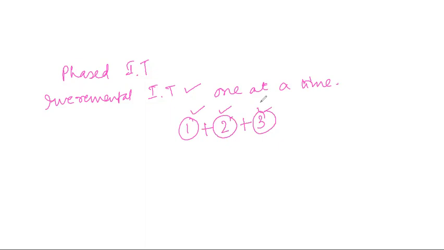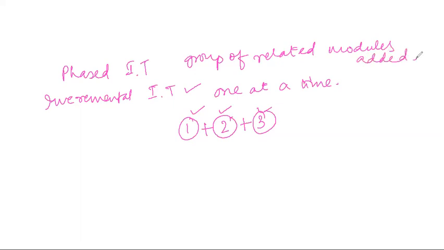And in phased integration testing, what happens is a group of related modules are added to a partial system. Both of them are added to a partially integrated system, but in incremental we always add one module at a time. But in phased integration, suppose I have module 1, module 6 and module 4 ready, coded and unit tested already, ready at hand.